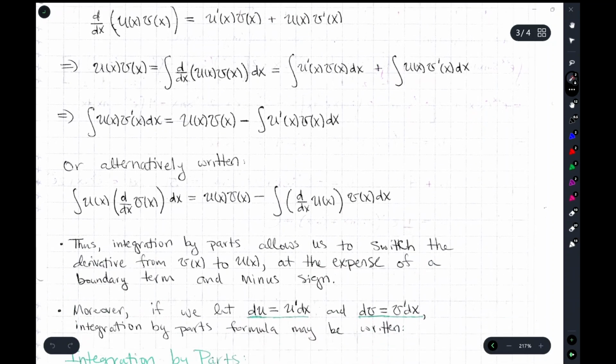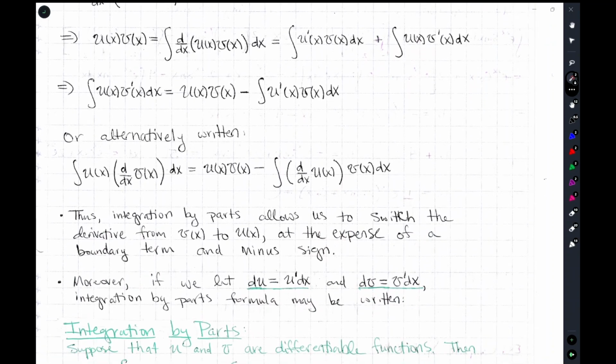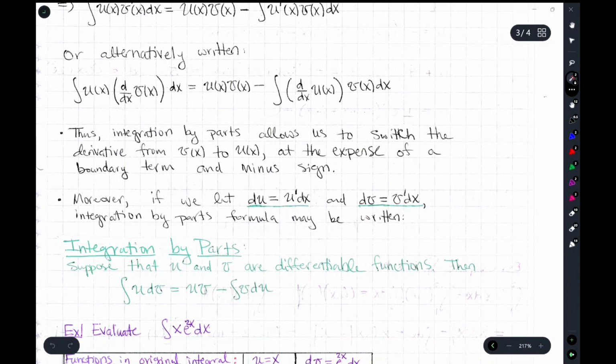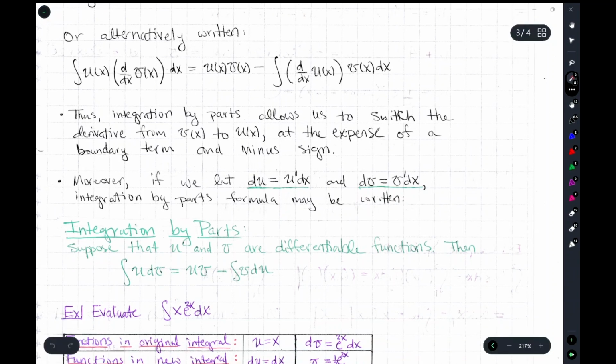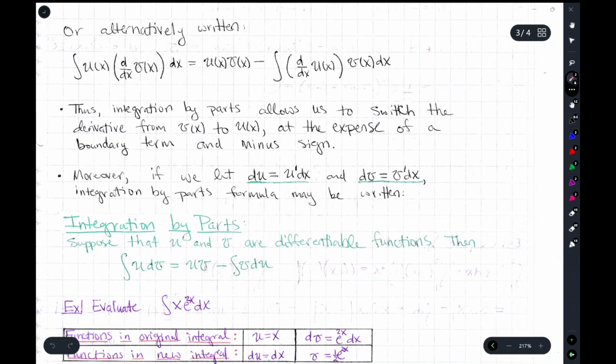So integration by parts in its basic form allows us to switch the derivative from v to u at the expense of a boundary term and minus sign, just in case you didn't catch it the several times before I said it. We could also rewrite this expression in another way, just sweeping up symbols, nothing deep, okay?